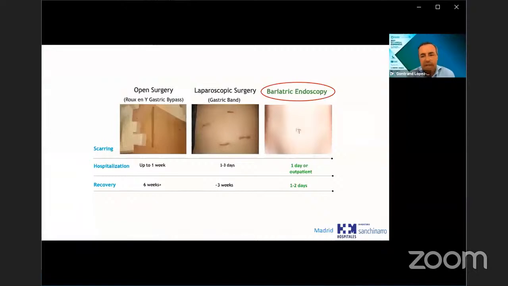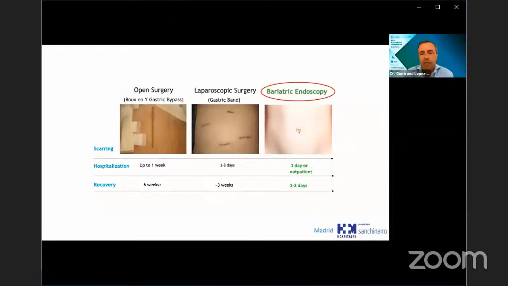First of all, I would like to say that the role of endoscopy in obesity is to try to increase the penetrance of treatments and increase the number of treated patients, because as we know, 90% of them are absolutely untreated.